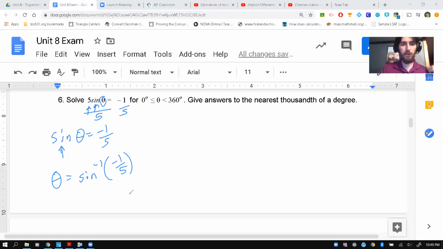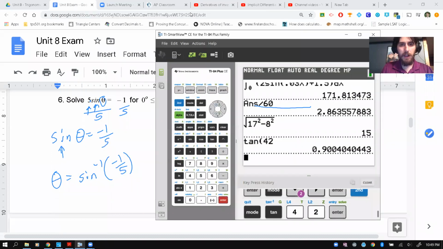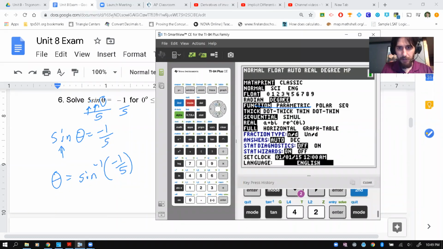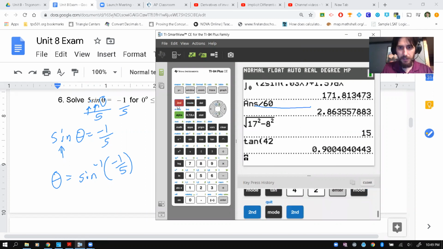That's not one of your ratios from the unit circle, and that's fine anyway because we're going to write our answer to the nearest thousandth. So to actually calculate that, we're going to need our calculator. This needs to be in degree mode, and it is. And then we're going to do second sine. That'll pull up the sine inverse function of -1 divided by 5.